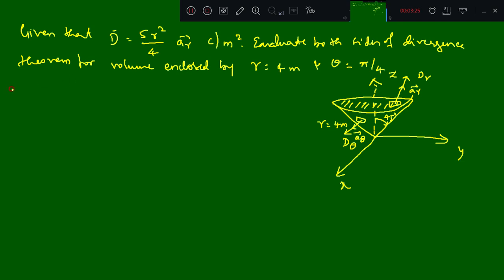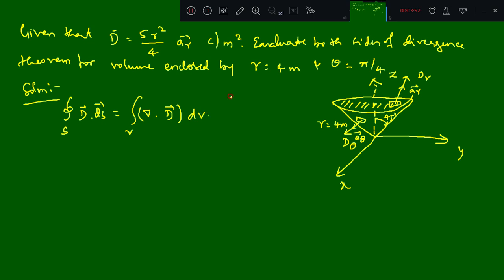So the solution is, we need to verify both sides of the divergence theorem. So this is surface integral D dot dS, this should be equal to volume integral del dot D into dV.